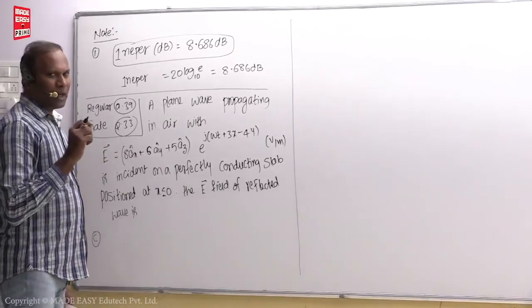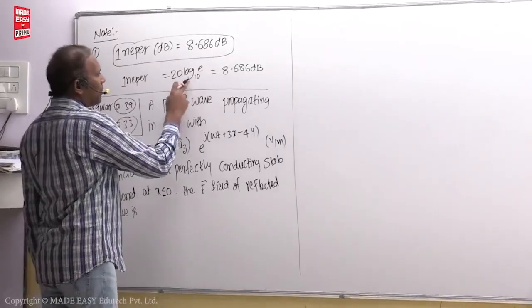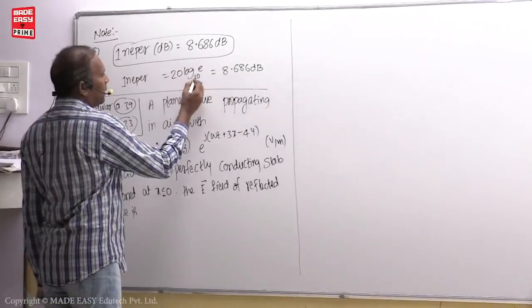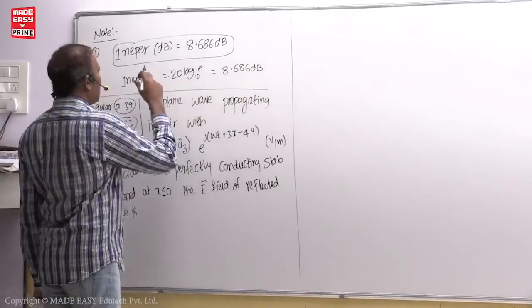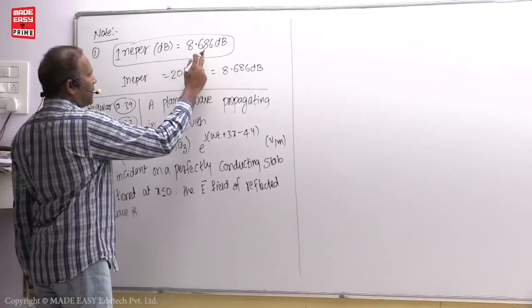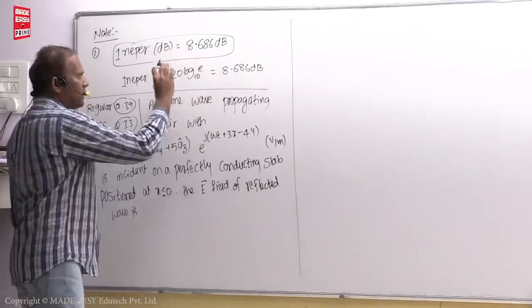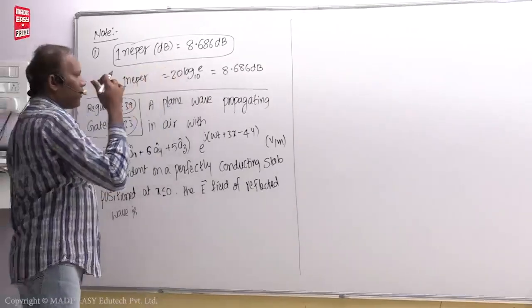Whenever any such term comes in electric fields, then in decibels, if you want 20 log, you have to take 20 log 10 base e, that becomes 8.686 decibels. So 1 neper in decibels is 8.686 dB. Also remember this, sometimes in problem calculations you may need this conversion.